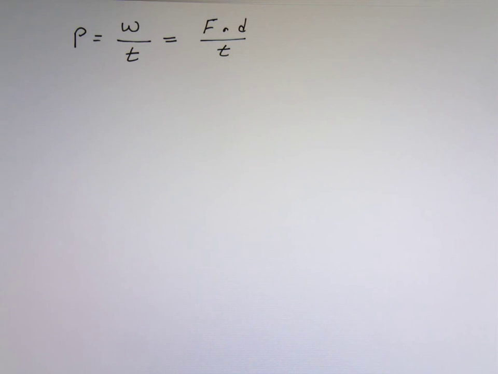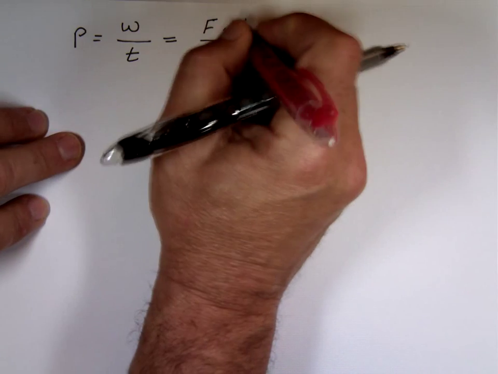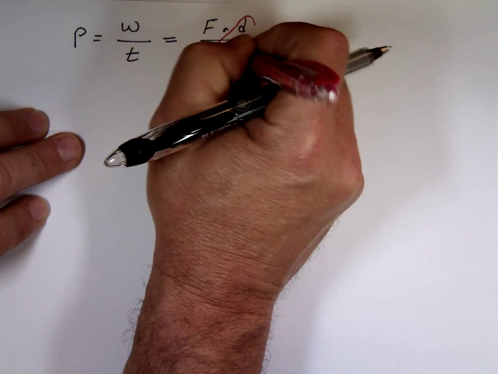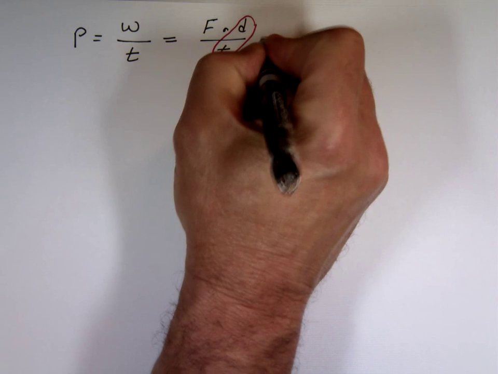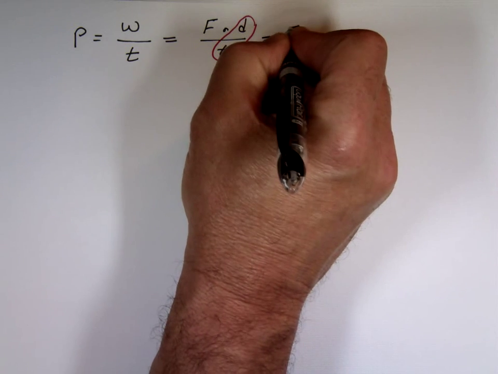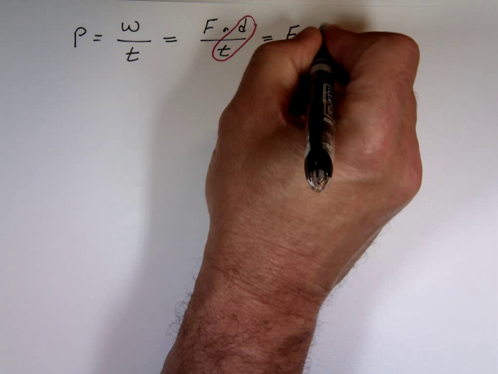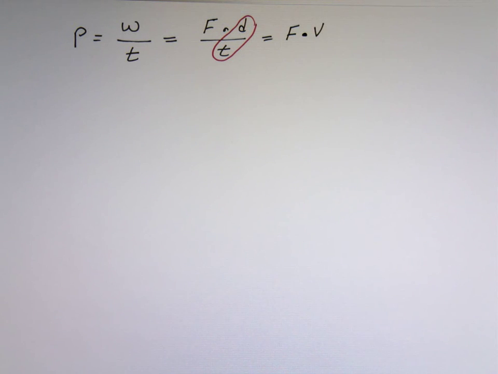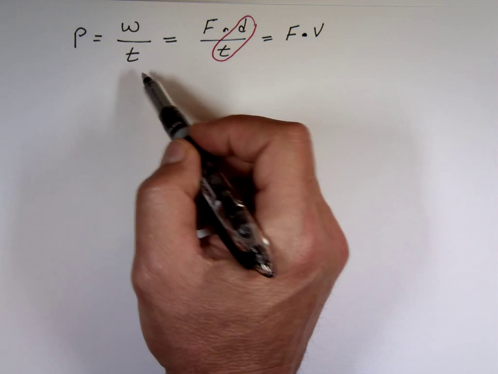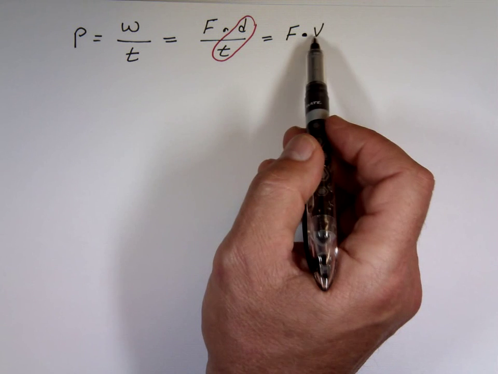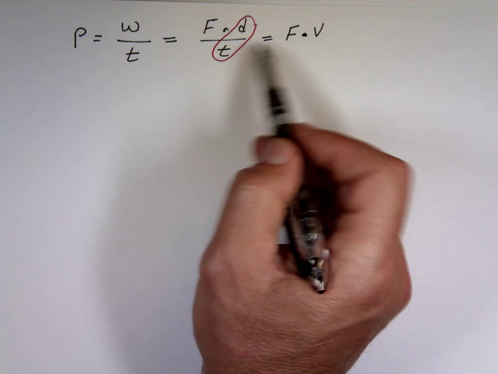It's also change in kinetic energy, but I want that equation. Going back to chapter 2, what is distance divided by time? What is that labeled as? Speed. So power is also force times velocity or speed. So that's another way to get the power. If you don't have the work or the time, but you have the force and the velocity, you can get the power by just using force times velocity.